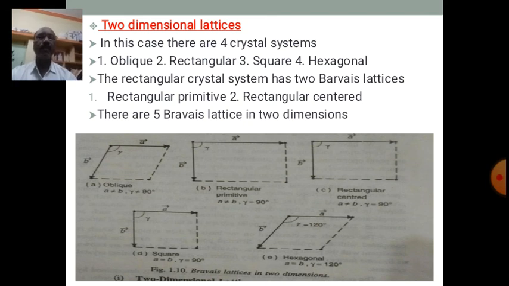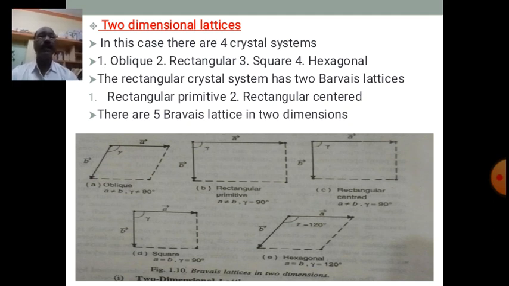These are the fundamental translation vectors or unit cell parameters. a is not equal to b, and the angle between a and b is represented as gamma, and gamma is not equal to 90 degrees. So, the oblique crystal system is defined by the lattice parameters a not equal to b, gamma not equal to 90 degrees.